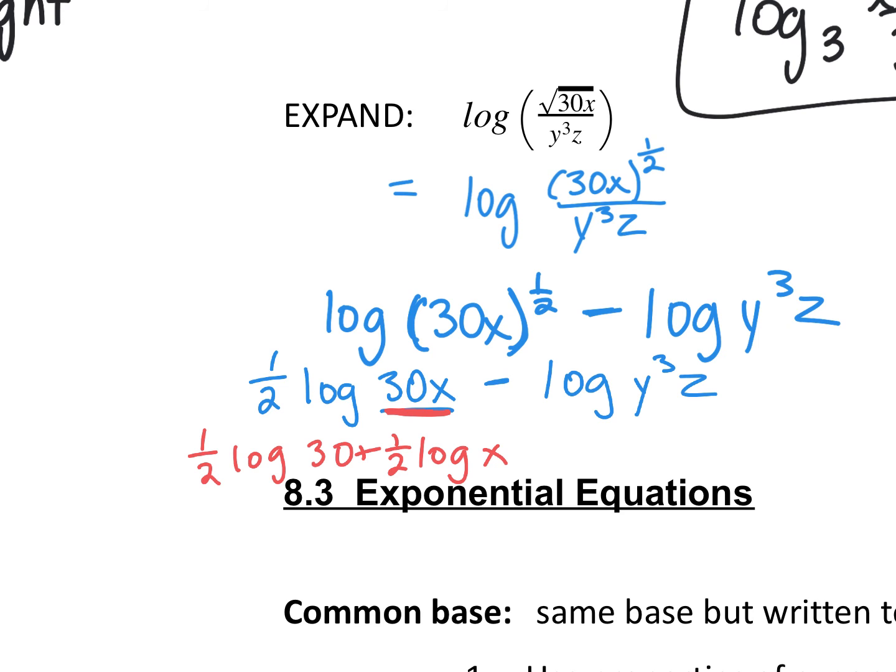And then we're subtracting all of these. How can we break apart y cubed times z? How do we break apart multiplication? Addition again, so log of y cubed plus log z.